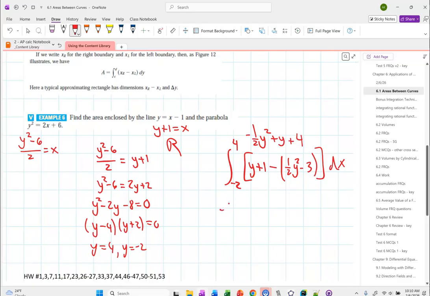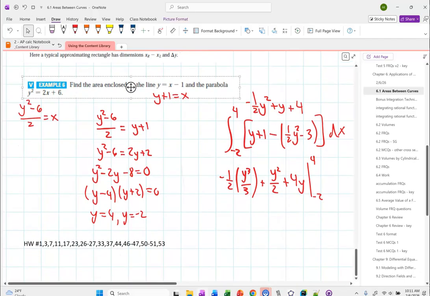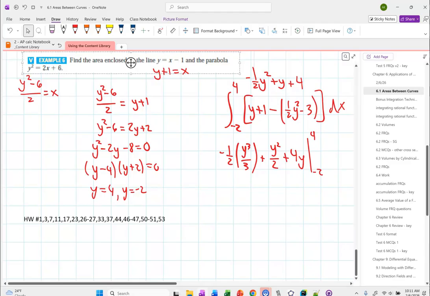So what do I get? I get -1/2 y cubed over 3 plus y squared over 2 plus 4y, which we evaluate from -2 to 4. Now just plug in stuff, right? 4 cubed is 64.